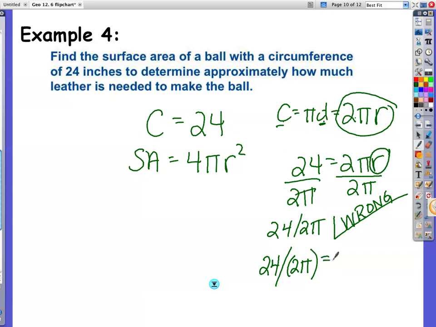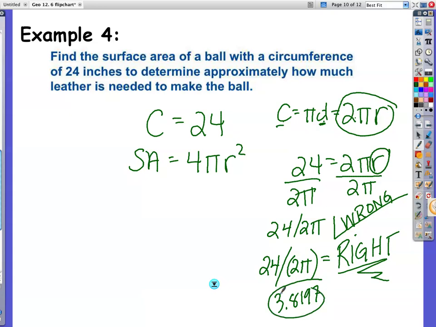Everybody should be checking this on their calculator, making sure you're getting this right. And I'm going to get 3.8197. This is how you do it correctly, and that's my radius. So I'm going to put that up in here. There are other ways, but be careful. This is a common mistake that students make, and I don't want you to do that. Put those parentheses around that.